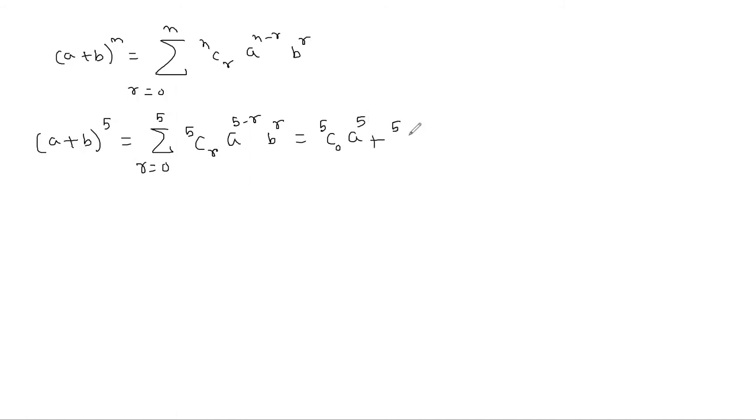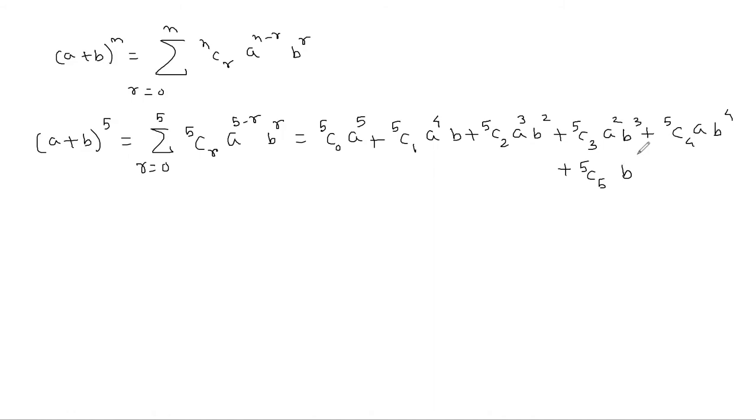So we get 5C1 a^(5-1), that is 4, into b^1, plus 5C2 a^3 b^2 plus 5C3 a^2 b^3 plus 5C4 a b^4, and the last one is 5C5 b^5. So using binomial expansion, you can get (a + b)^n, where n is any positive integer.